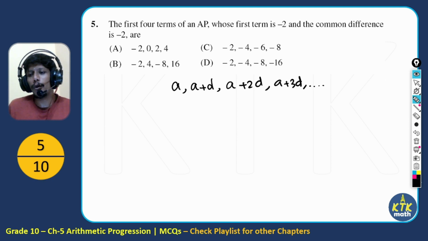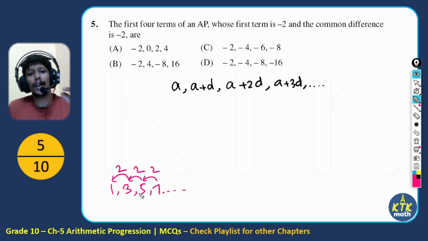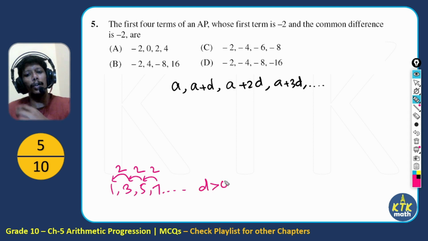I'll give you one simple example. In case your AP sequence is in increasing order, see what happens: 1, 3, 5, 7. Now 3 minus 1 is 2, 5 minus 3 is 2, 7 minus 5 is 2. So when your sequence is increasing, your difference is going to be a positive number.